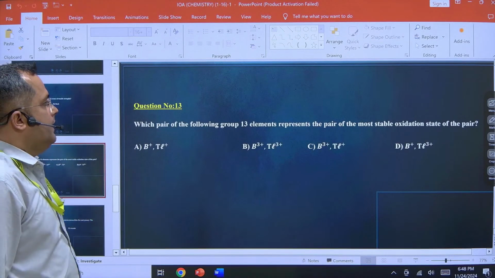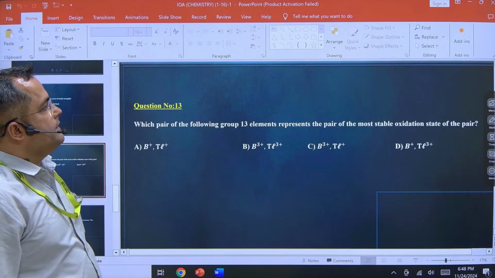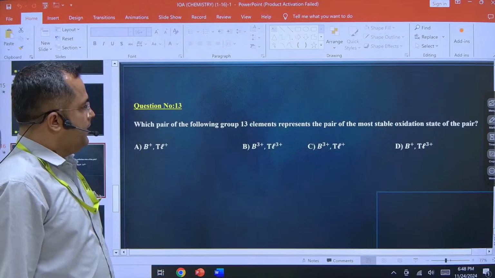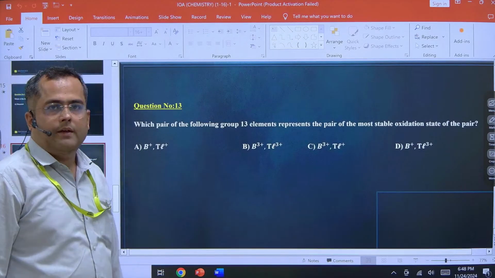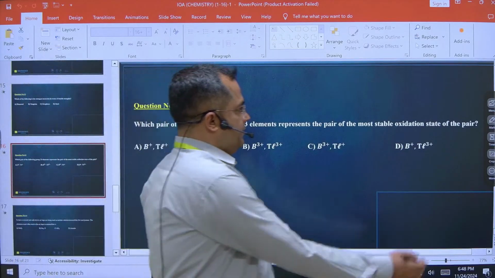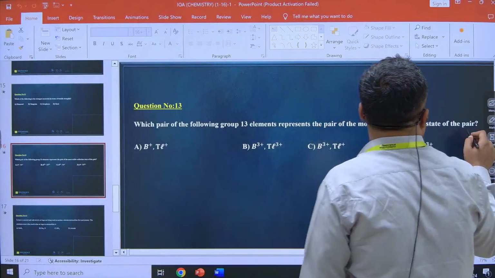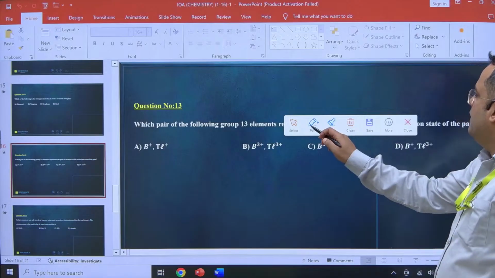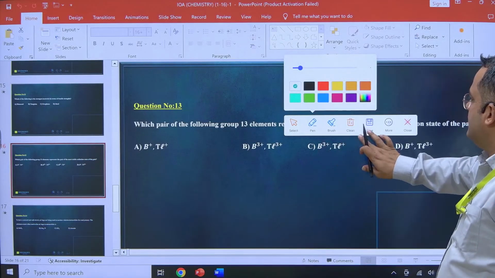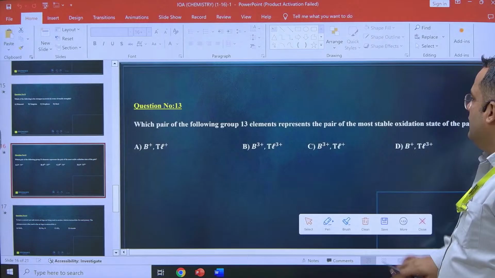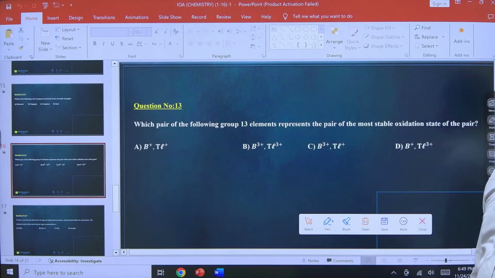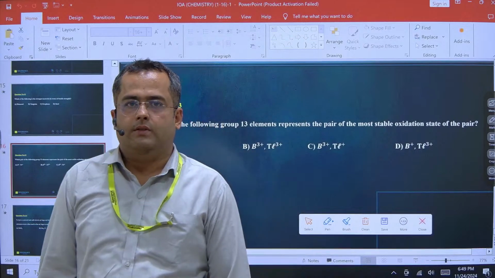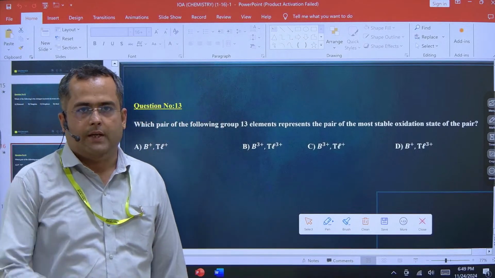Group 13 elements represent the pair of the most stable oxidation state of the pair. Okay. See, group 13 elements we have the boron family, and moving down the group, we all know, the lower oxidation number is more stable due to inert pair effect, because the two electrons in the s orbital don't participate in bonding.